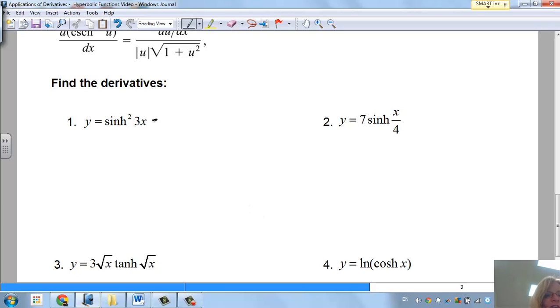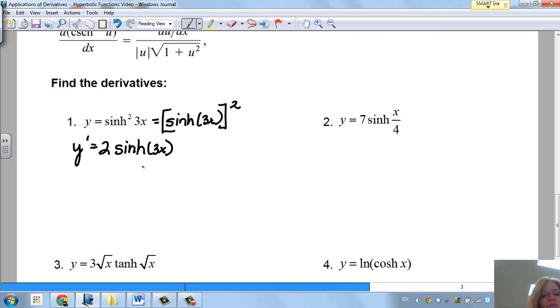All right, so let's do these 4 problems. So if you'll see here, I have hyperbolic sine squared 3x, so we're going to write it like this so that you will recognize that it's squared, so that our outside function here is going to be the power rule. So it's going to be 2 times sinh of 3x to the first, okay, don't touch it, times the derivative of the inside, which is going to be hyperbolic cosine, or cosh 3x times 3.